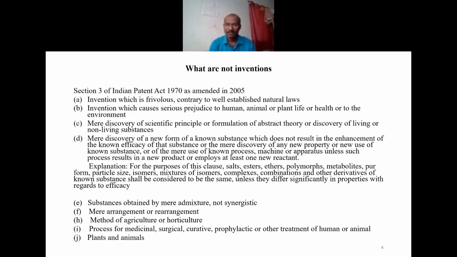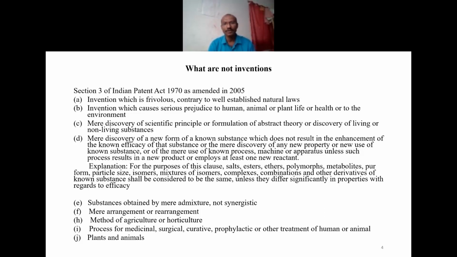Or if it is not employing at least one new reactant or yielding at least one new product, then it cannot be patentable. So this is a very important section for chemical industries and pharma industries, because it prevents a kind of patent evergreening which is often done by innovator companies.